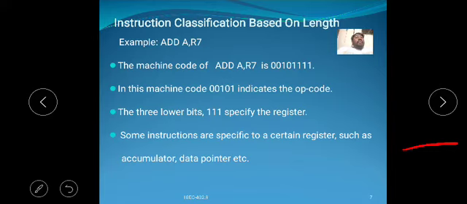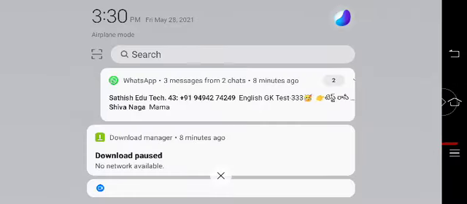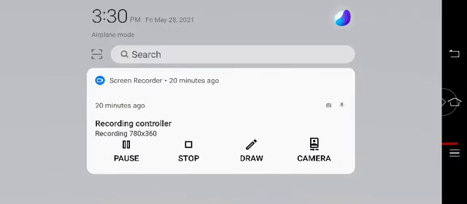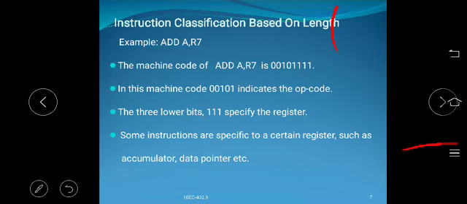In example 2, ADD A, Rn. The machine code of ADD A, Rn is 00101111.